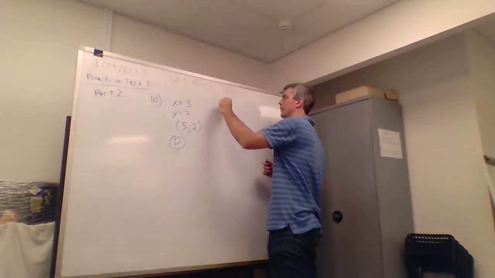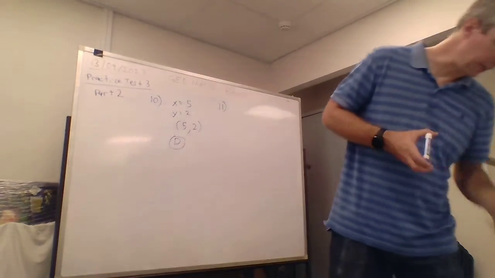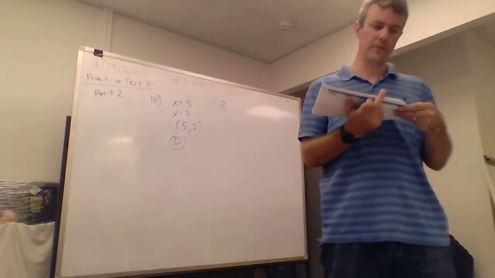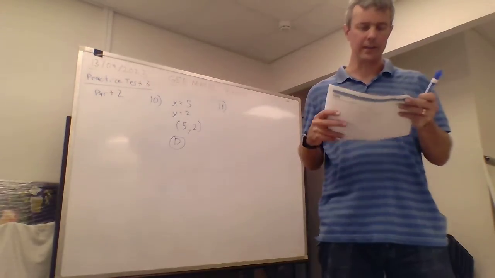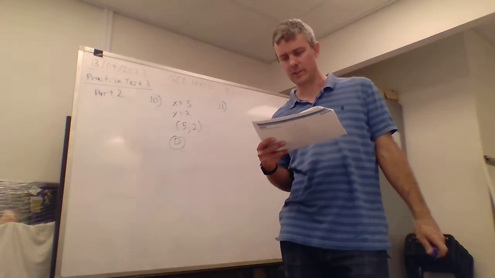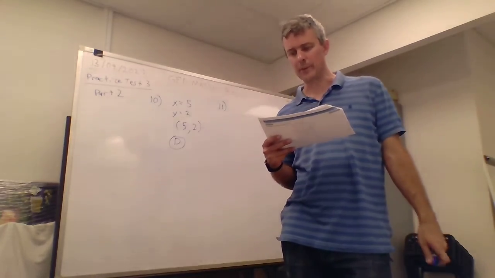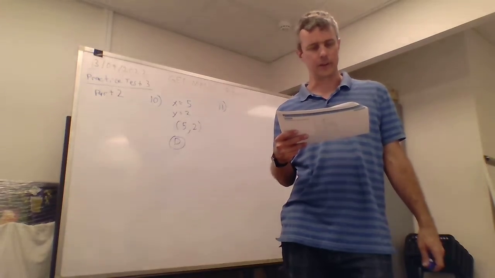Let's do number 11. The equation y equals 45x represents the number of miles y Mr. Miller's car can travel using x gallons of gas. Which data display represents a car that gets more miles per gallon than Mr. Miller's car?